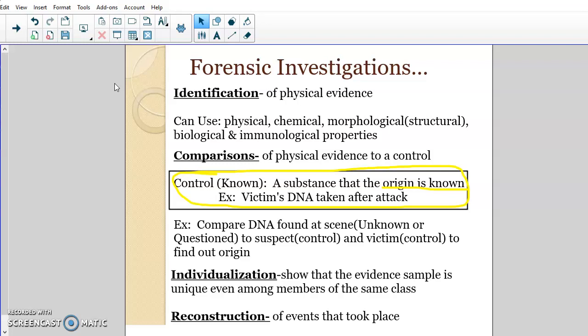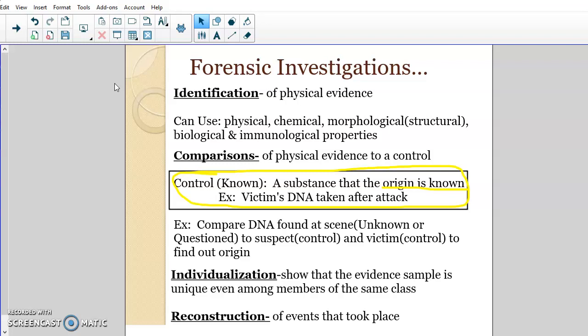So a control sample would be the victim's DNA. Say that it was somebody who had been killed. We would take their DNA from them, and that would be our control sample, and we would compare it to our unknown at our crime scene. If it matched, we would know that it was the victim's. If it didn't match, we would know maybe that it's our suspect, right?